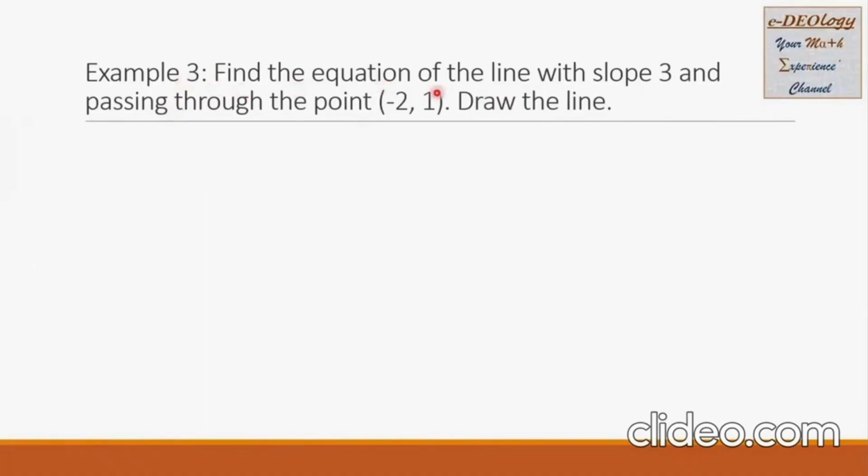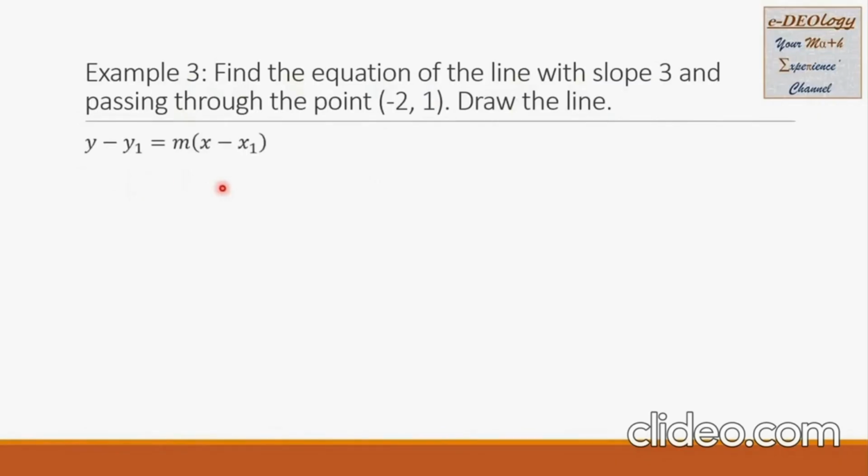Find the equation of the line with slope 3 and passing through the point (-2, 1). Draw the line. We have here the point slope formula.